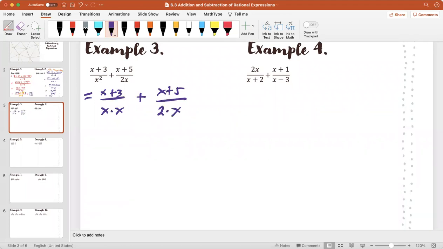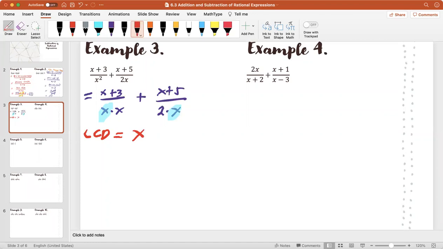And then how do we find the LCD here? There's some trick in finding the LCD. In this case, since it contains variables, what we can do is we take first whatever is common. What is common to both denominators? Can you see what's common to both? Right, x is common to both. So take that common factor, write it here, x.